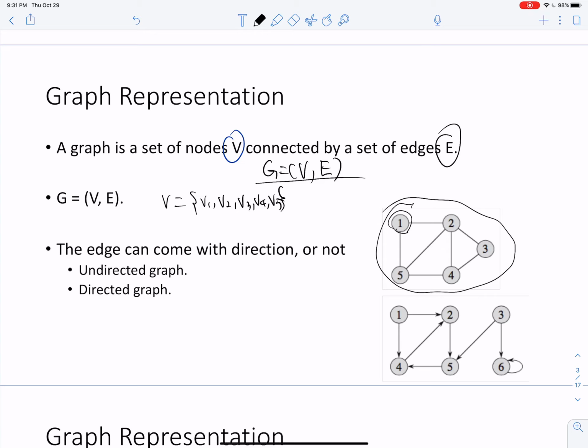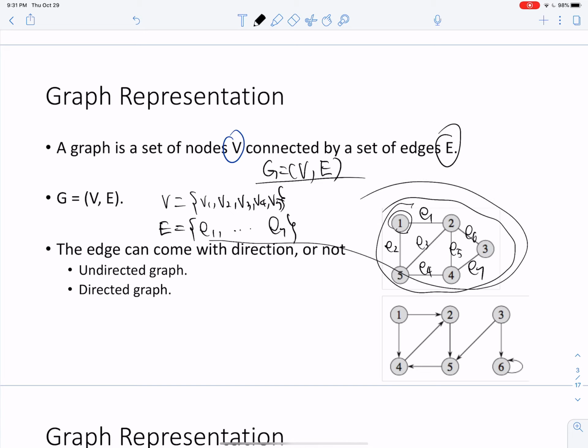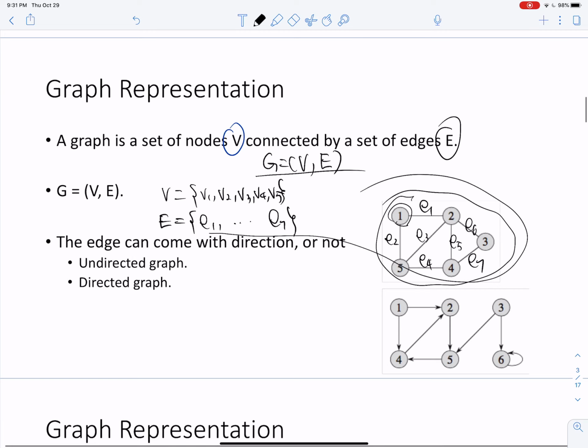If we use E1, E2, E3, E4, E5, E6, E7, then the set of edges includes 7 edges. This is the representation of the first graph, which includes 5 nodes and 7 edges. Below it is another example of a graph in which we have 6 nodes.